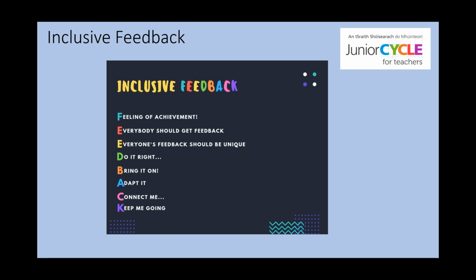When we were going through this, we were looking at pieces of work and saying, okay, what was the criteria for success here? What can I give feedback on? Can I start commenting on a student's spelling mistakes if that was never laid out as a goal for that student in the first place? So it has to be done right. It really has to tie back to success criteria as well.